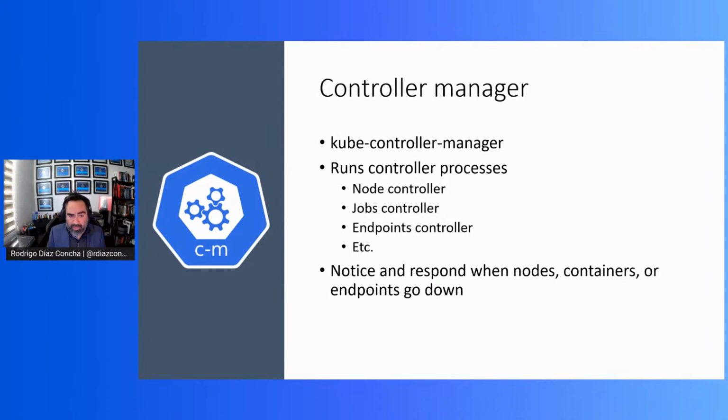The most important thing about the controller manager then is that it's going to analyze what's going on with the cluster in that particular moment, and it's going to compare that with the desired state of things that you said before with your YAML files. And if there's something missing, or if there's a mismatch, then it's going to fix that for you, okay?